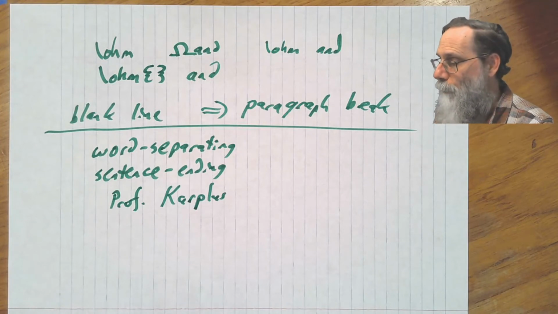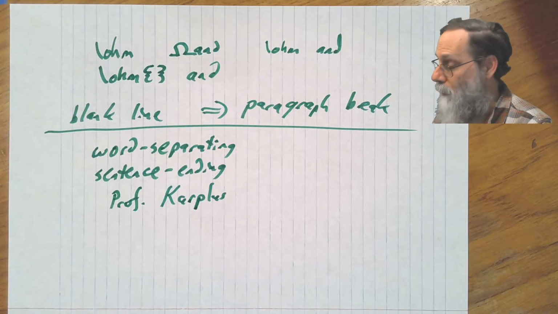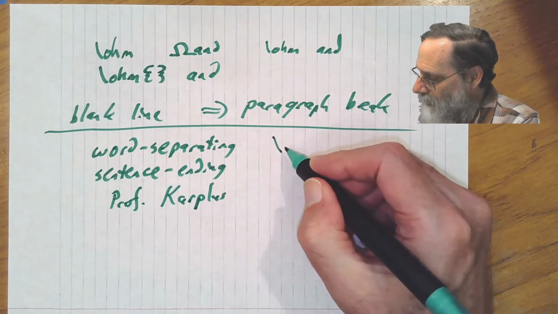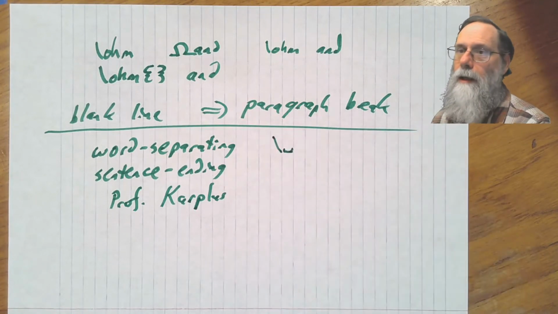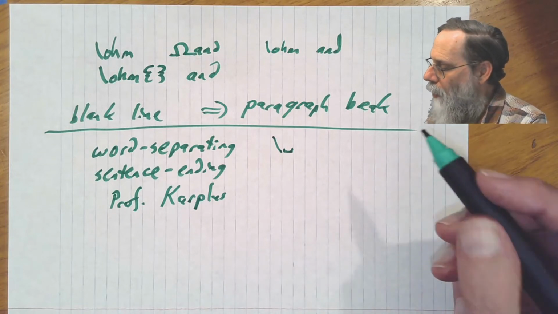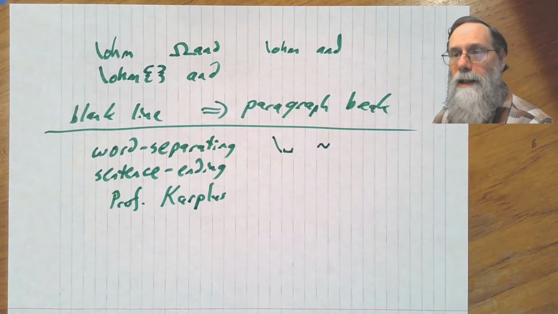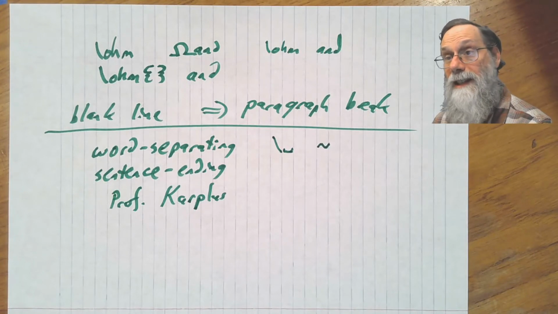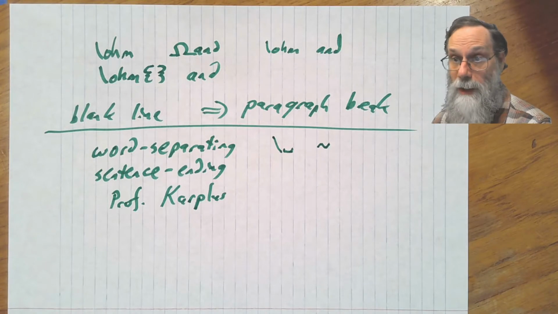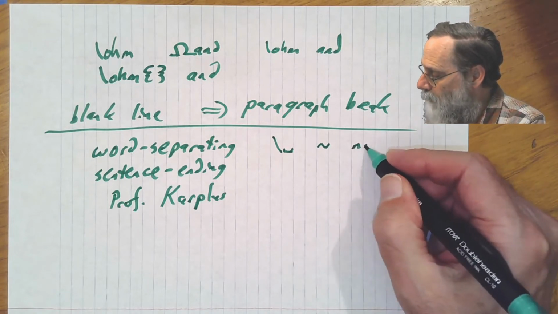So you have to be able to force something to be a word separating space, and there are two ways to force that. You can do a backslash space, which says this is a word separating space, just a standard space. Or you can do a tilde. Tilde is even more special than the word separating space. It's going to produce the same size space as backslash space, but it's non-breakable.